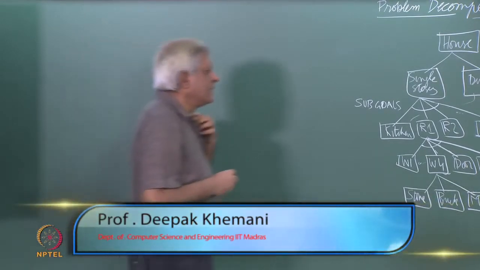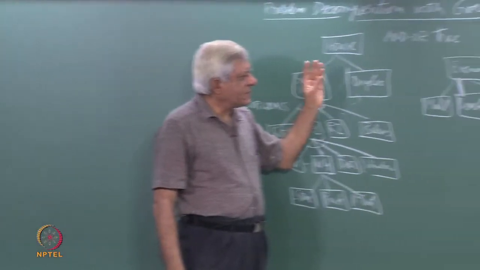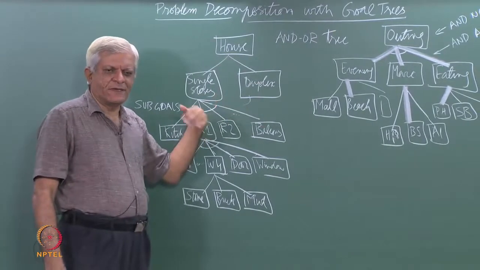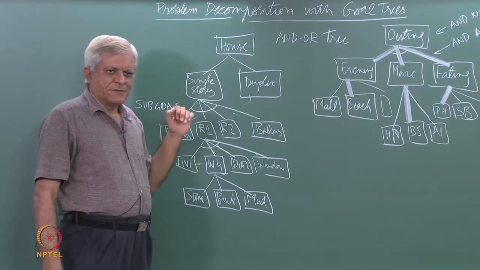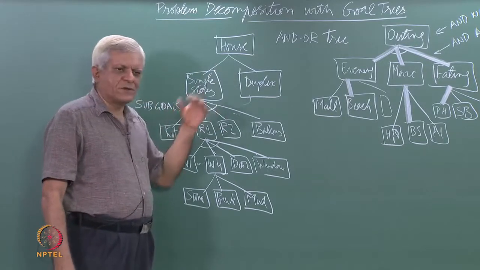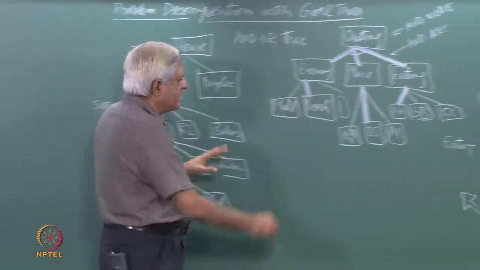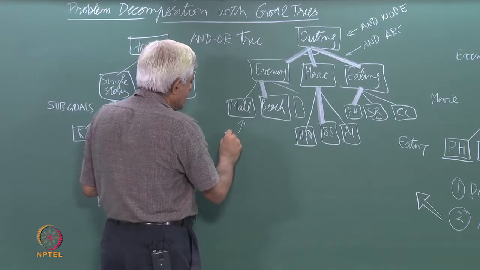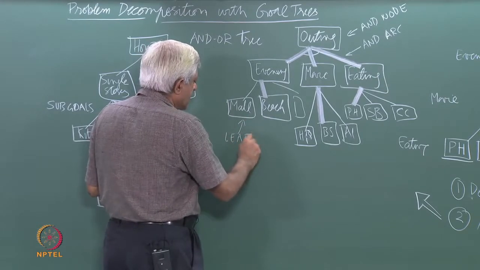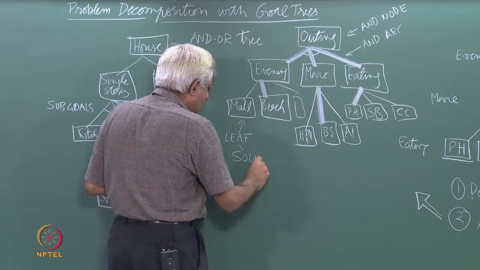Now, keep in mind that there are two kinds of costs that are going to be involved. One is a cost of transforming a problem. Let us say we assume that there is a cost of doing that into sub problems, and the second is the cost of solving the sub problem and so on essentially. So, at the end of this, the leaf nodes are actually called solved nodes.